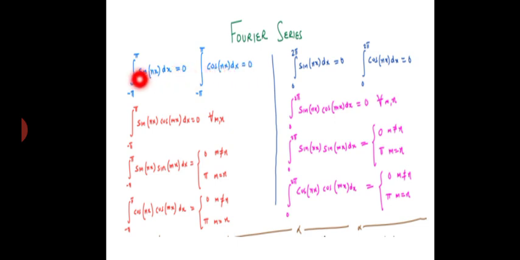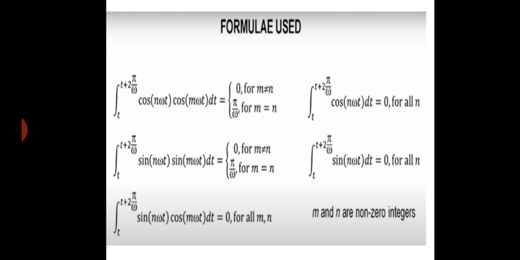So the integral of sin nx dx is equal to 0 for all values of n. Similarly from minus pi to pi, the integral of sin nx into cos mx is equal to 0 for all m and n.